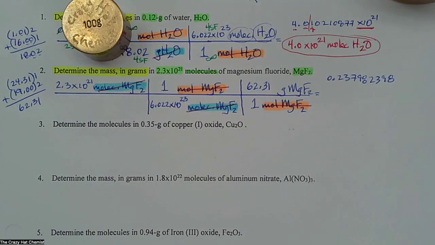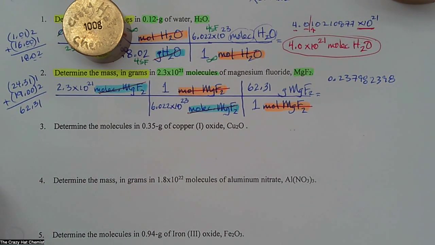Okay, and now what we need to do is round this number. Before I do that, I'm just going to verify on another calculator that this is the correct answer. And yes, that is correct.